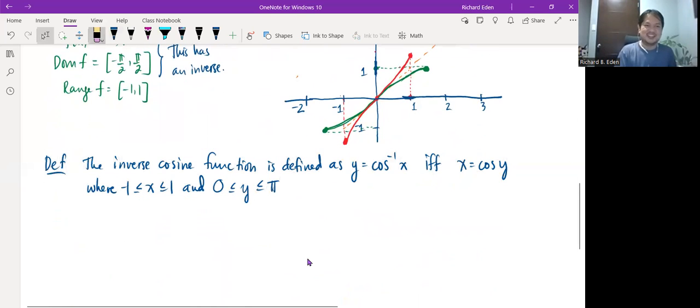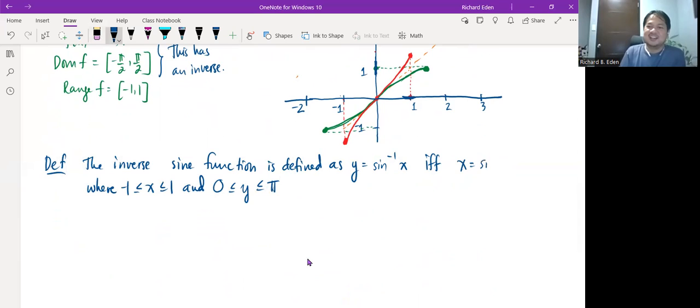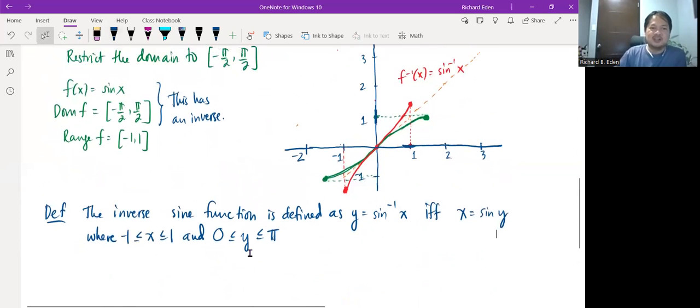Okay, ito. The inverse sine function is defined as sine inverse of x if and only if, so ibig sabihin, if y is sine inverse of x, ibig sabihin x is sine of y. Okay, but ganito. For the original function, the sine function, the range is going to become our domain.